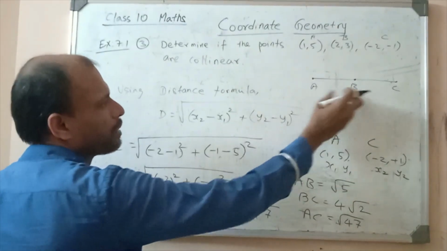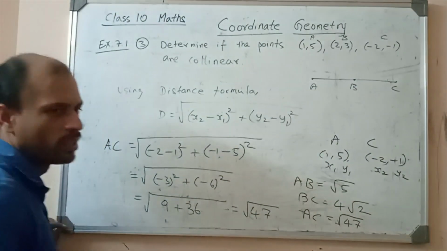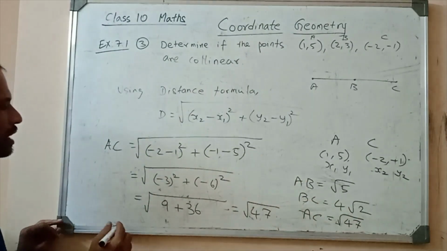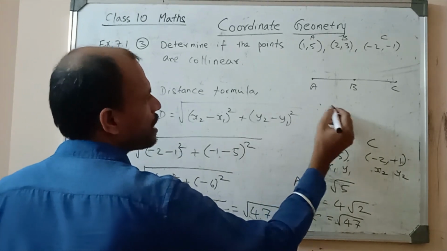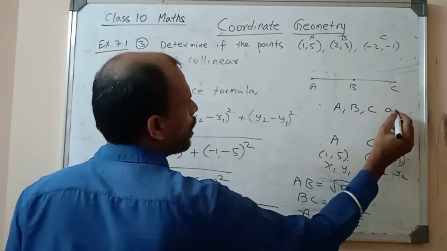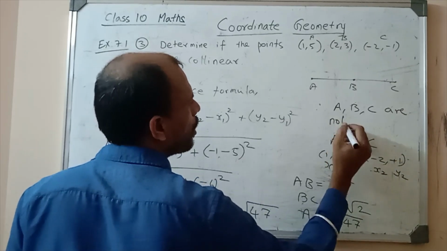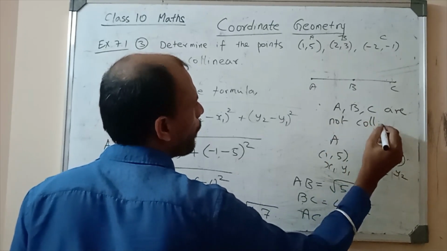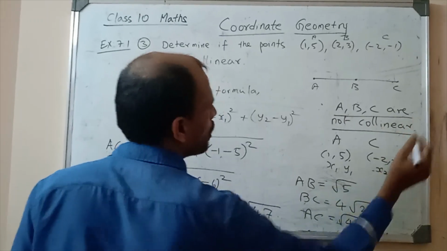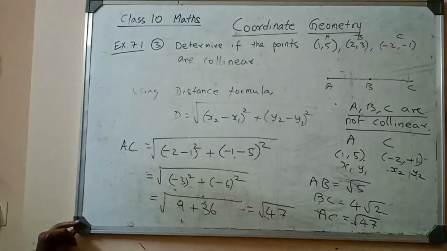So AB plus BC should be equal to AC, like that you have to get. But we are not getting anything like that. Therefore these 3 points A, B, C are not collinear. So this is the answer I have to write: the given points are not collinear.